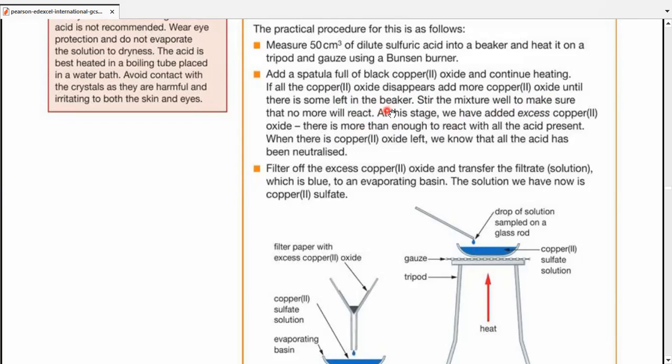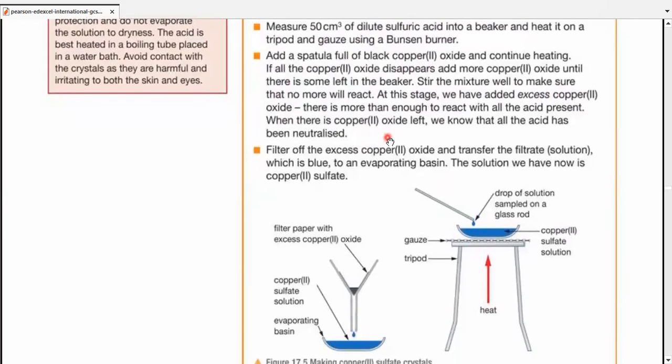Keep adding more until there is some left in the beaker and it does not disappear anymore. Stir the mixture well to make sure that no more would react. At this stage, we have added excess of our oxide, and this is more than enough to react with the acid present, which means the oxide is left in the system. The acid has been completely neutralized. Why have we completely neutralized the acid?